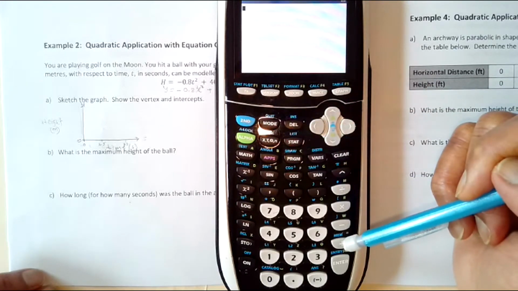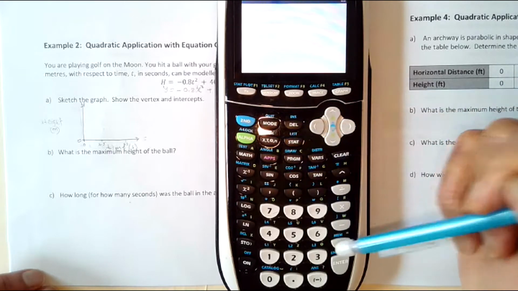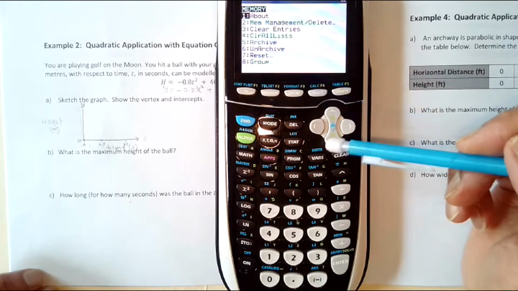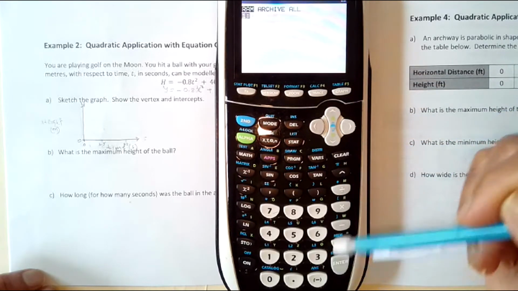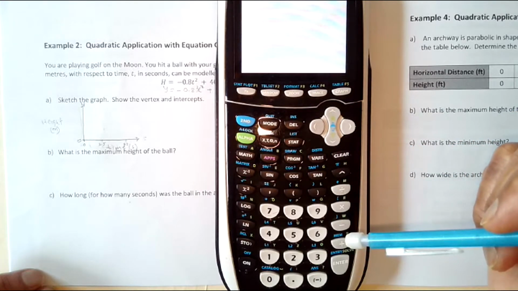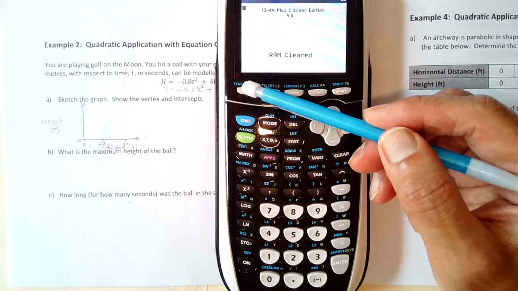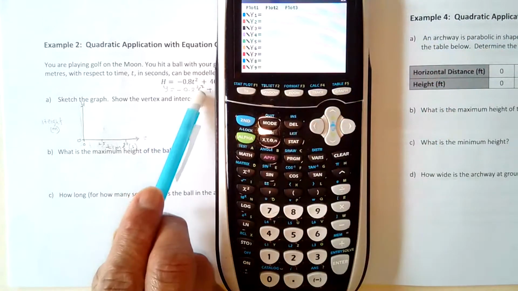So I need to go to my memory. So second, and I want to reset number 7. Press enter. I want to reset, press 2, and that clears everything. So now I want to go to my y equal button, and I want to enter my equation.